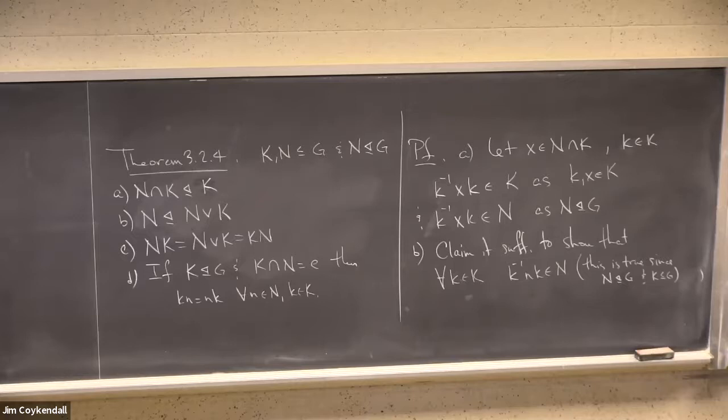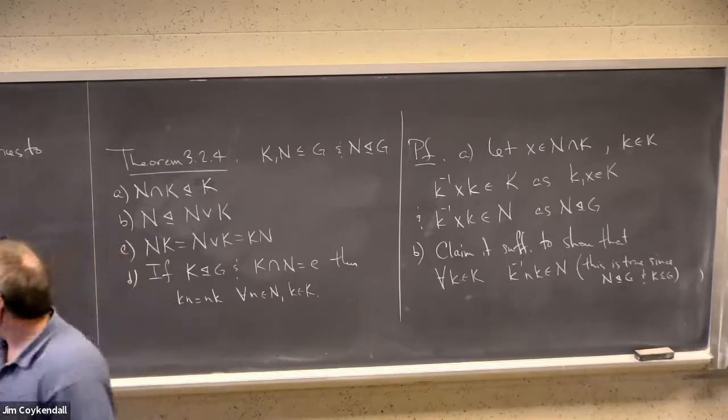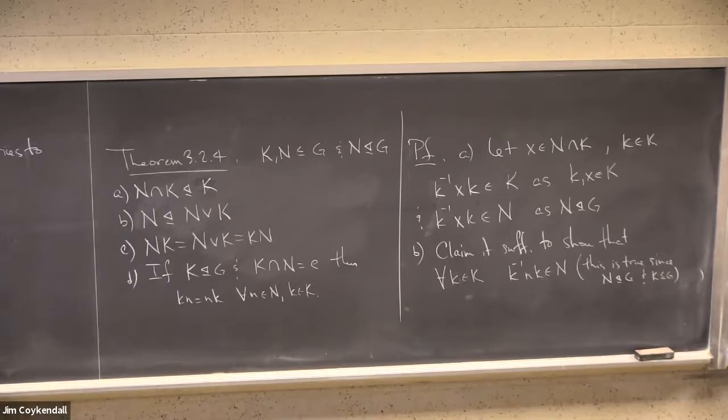So I've got all of N in here, I've got all of K in there, you get a product. So it suffices to show that NK is a subgroup. To this end, I think it's pretty clear this is a non-empty set because this at least contains the identity, right?